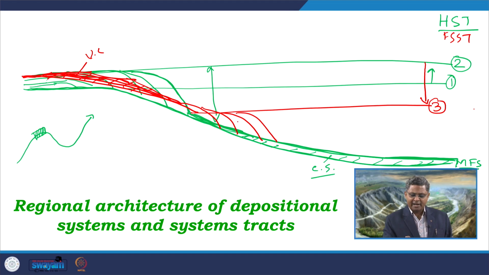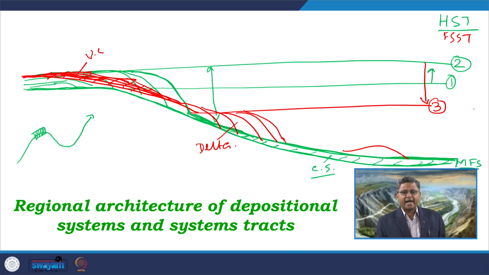So we get a delta formed over here, near the shelf edge or onto the shore area, where a delta will be prograding without much aggradation. Also in response to this delta, in the deeper part of the basin we can expect very frequent emergence of high density turbidity currents, and maybe during the late phase of the forced regression, we can expect some low density turbidity currents.